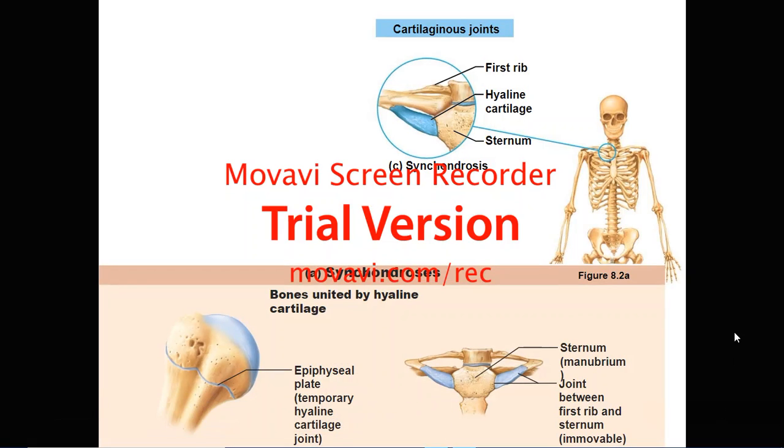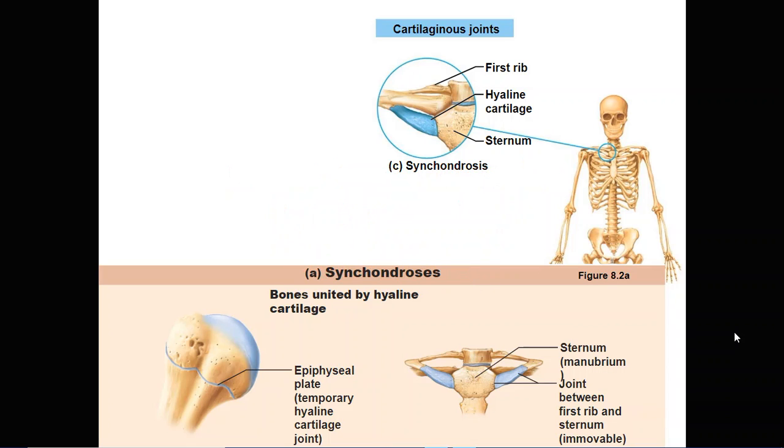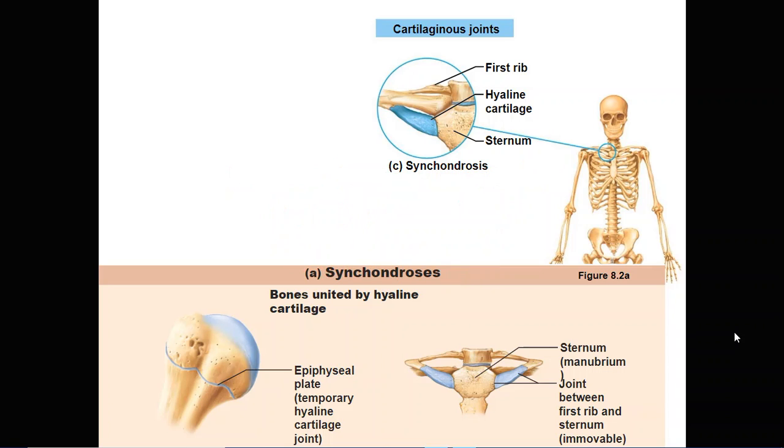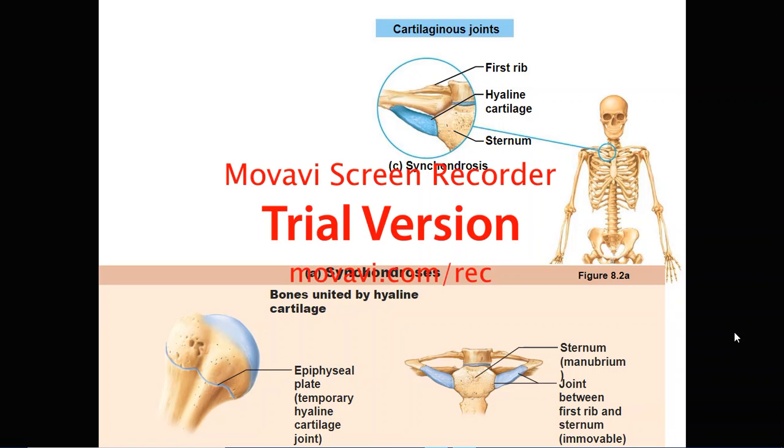This diagram or schematic illustrates synchondrosis cartilaginous joints. And with synchondrosis joints, you have a bar or plate of hyaline cartilage that unites the bones. So if you remember, you see an example here at the epiphyseal plate. So remember when you're young and you're going through adolescence, that epiphyseal plate is where the long bones are going to be growing.